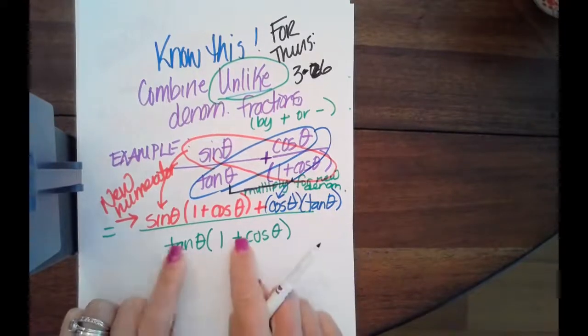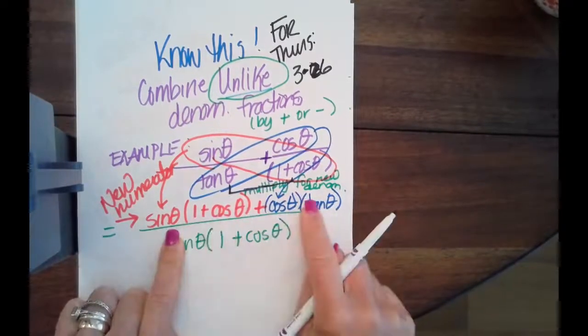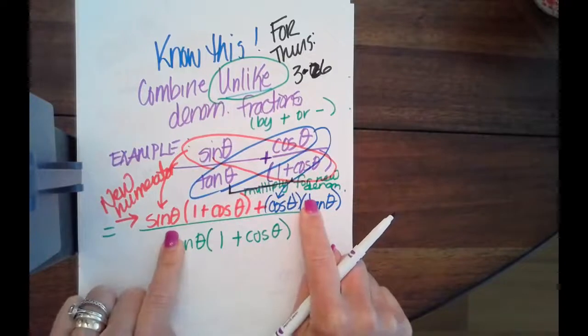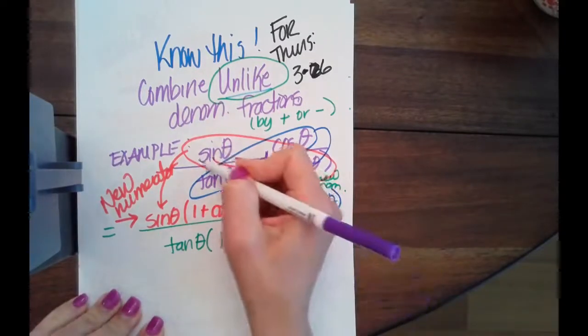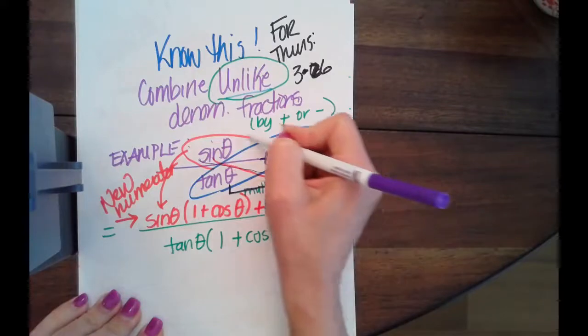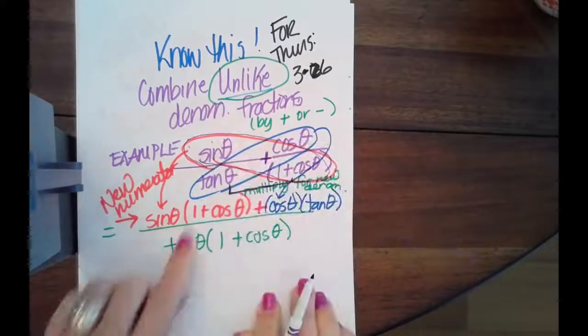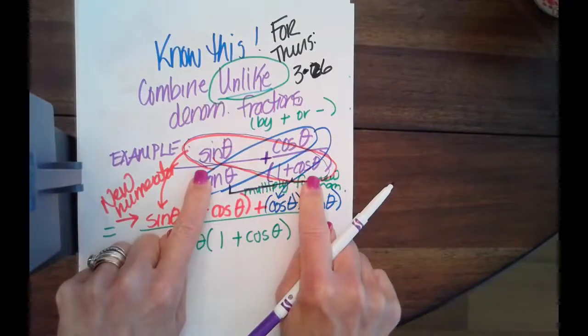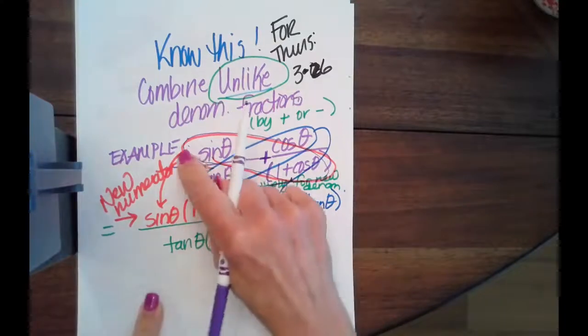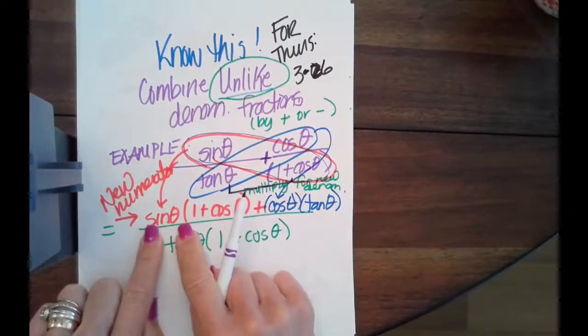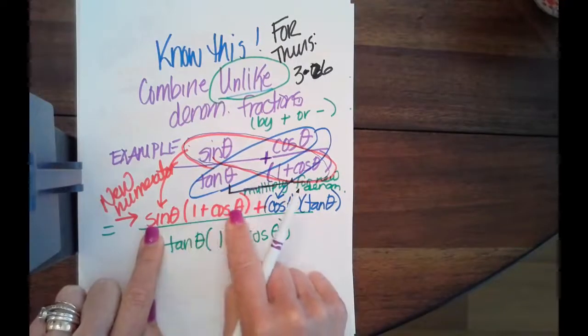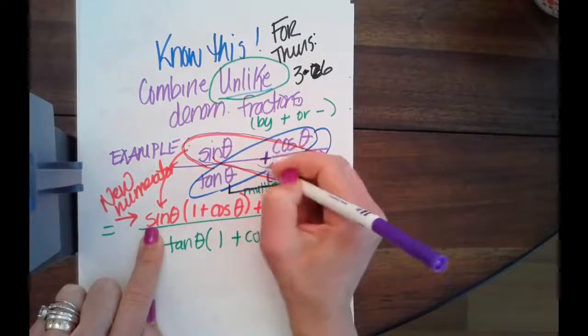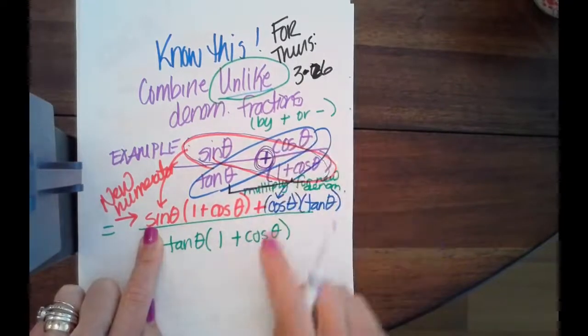All right, because we've done that, we need to adjust our new numerator. Very simply, you are going to cross multiply, left diagonal down to right, bottom right. That's sine times 1 plus cosine theta. You can see my arrow here. I simply said sine of theta times 1 plus cosine of theta. All right, the symbol in between the operation is adding.